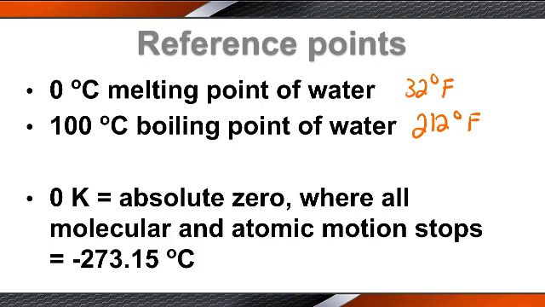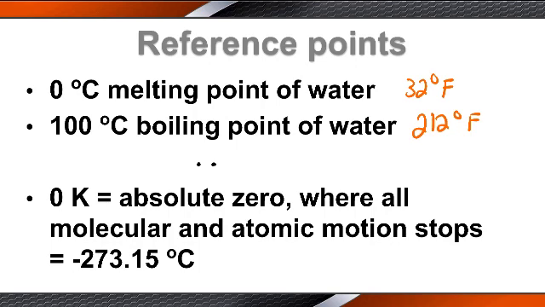The other item that I want to mention here in terms of reference points is absolute zero. I said that your tabletop atoms are vibrating back and forth about a fixed position. Well, if we were able to stop that motion, remove every single last bit of energy from that particle, we would be at what's called absolute zero.